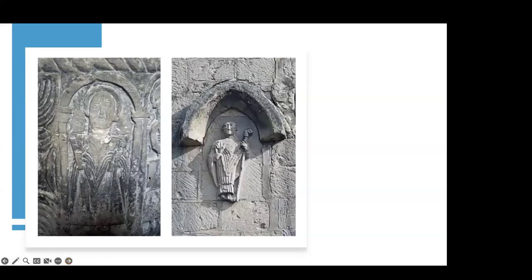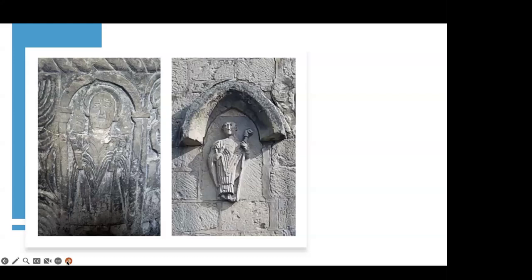And here we have the bishop. Here on the tower of the church, this is reset, a figure of a bishop, because the stonework here is later. And here we have the bishop which is on the font. I would hazard a guess that that is St. Nicholas, who is the patronal saint of the church. But of course, it's almost impossible to identify bishops.